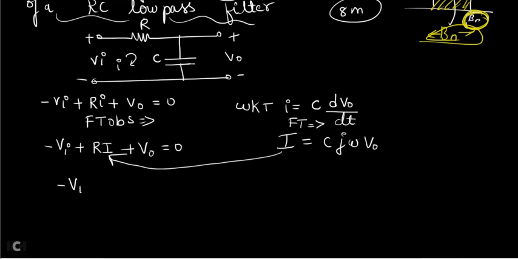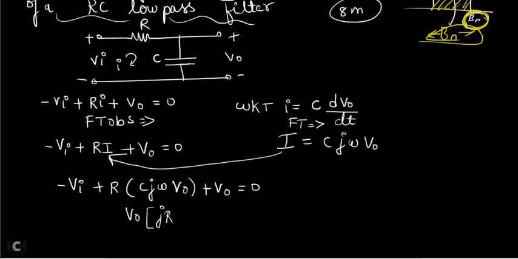So you will get minus Vi plus R into C j omega V0 plus V0 is equal to 0. V0 you take common. Now what is left out? j C omega R plus 1.